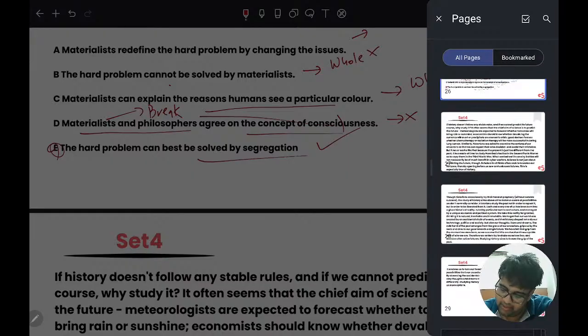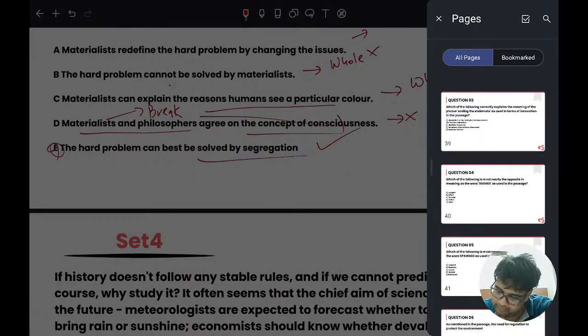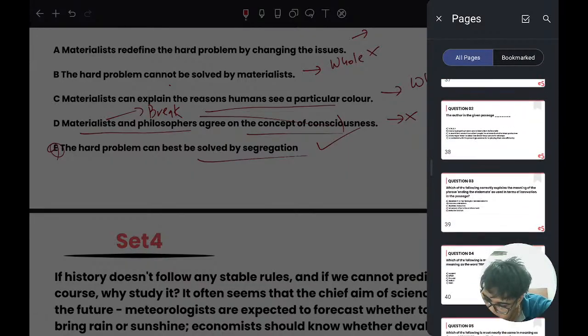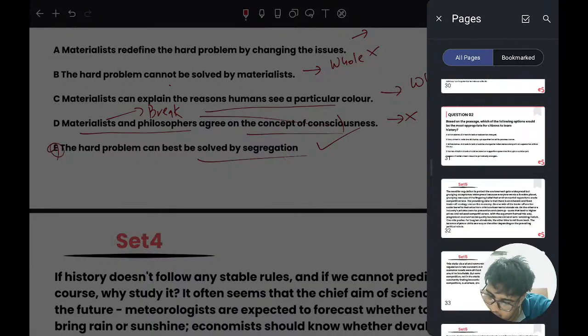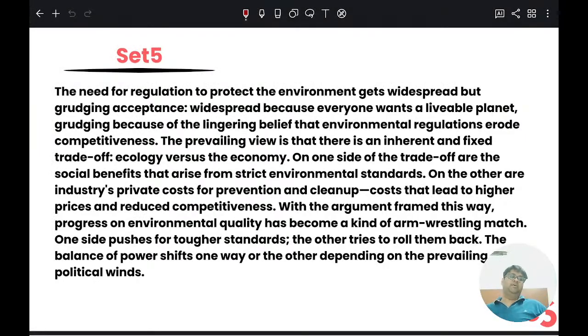Let's move to the last set. Now this has 7 questions. I will give you 1 minute per slide. Only 1 minute. Okay, we'll have to get done by 10:15.